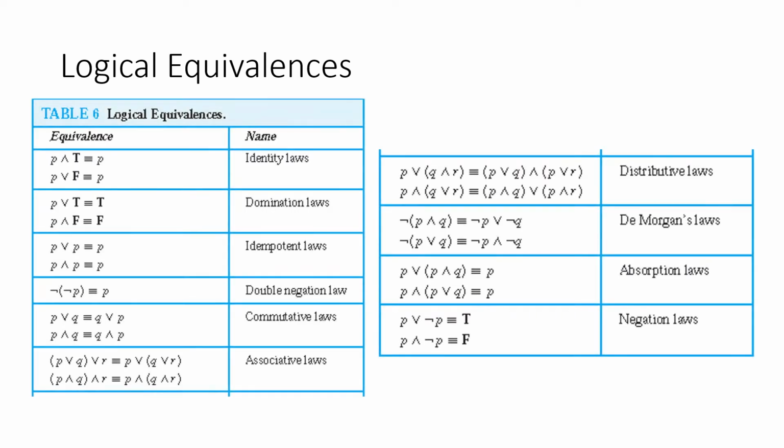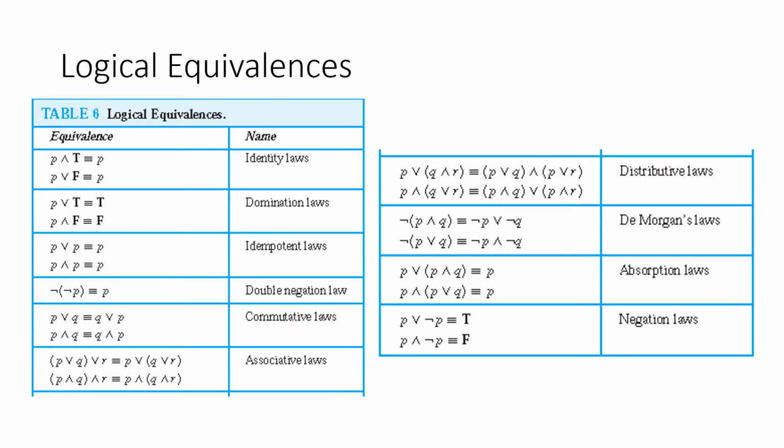So we also have other logical equivalences here with their names. You have this one, the identity laws: P and true is equivalent to P, and P or false is P. Then domination laws: P or true is true, and P and false is false.